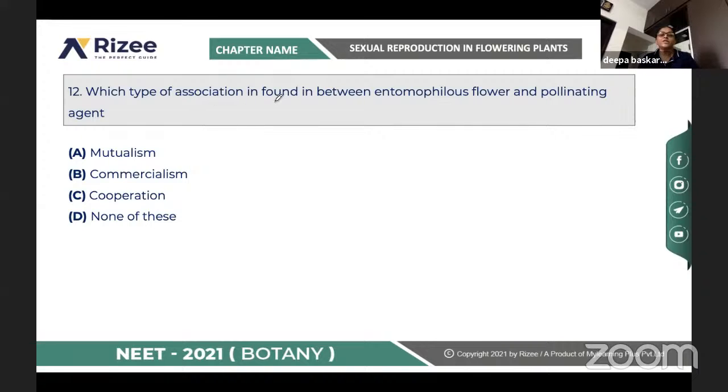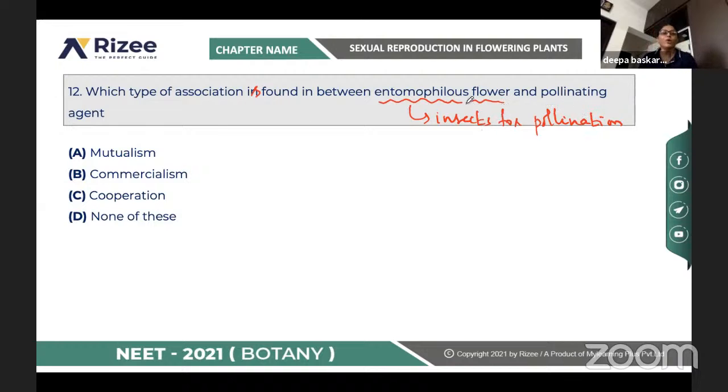Which type of association is found between entomophilous flower and pollinating agent? What do you mean by entomophilous flower? Entomophily, that is, requiring insects for pollination. The flower got its name due to the need of insects for the pollination process.